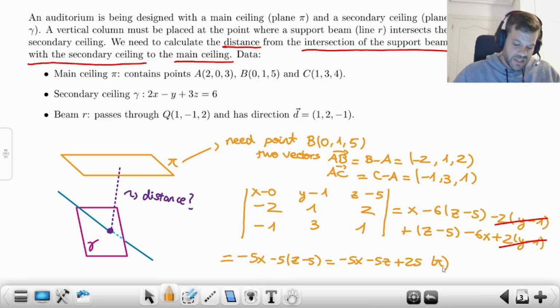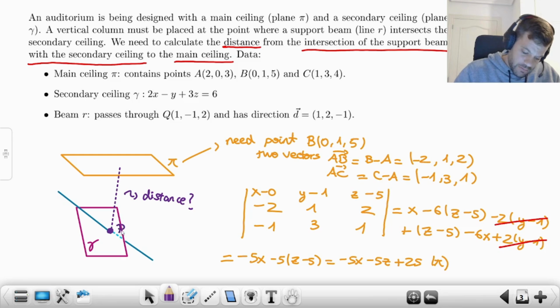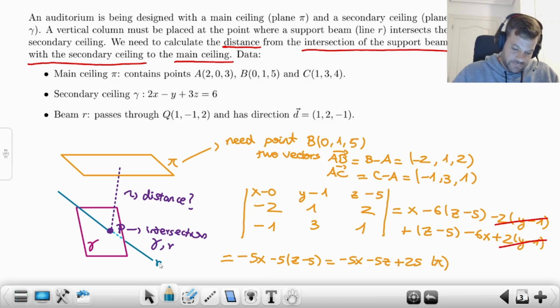Good. Now we need point P, the intersection of gamma and R. This is line R. Let's do it next slide.